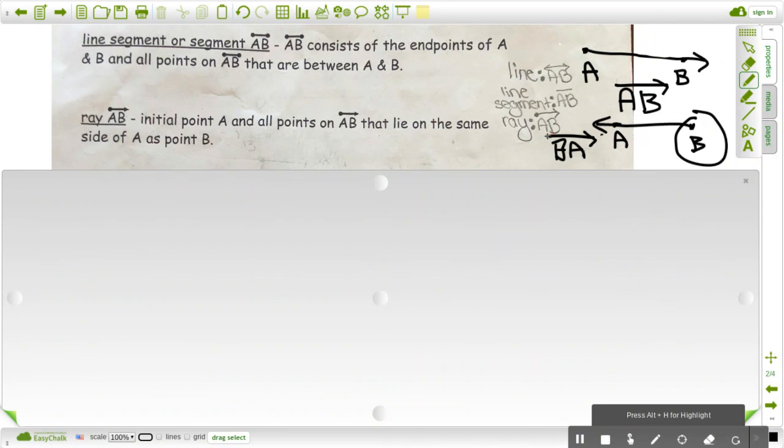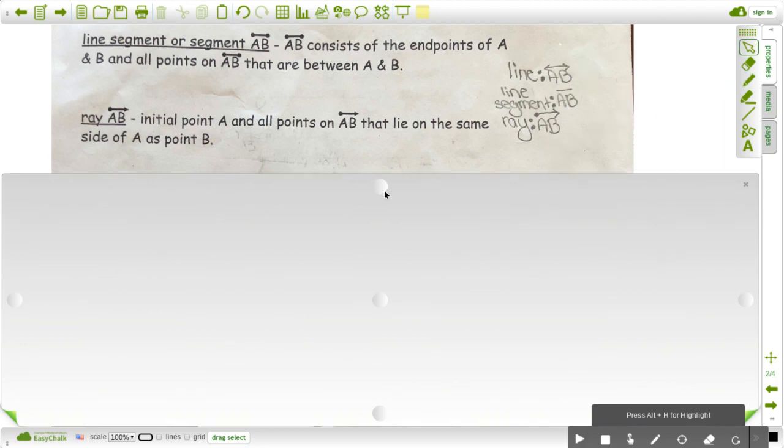So when you write it, you have B at the end of the ray. So imagine there's a dot over here. So B is near the endpoint, and point A is near the arrow right over here. So A is right near the arrow when you're writing it. That's the way I remember it.